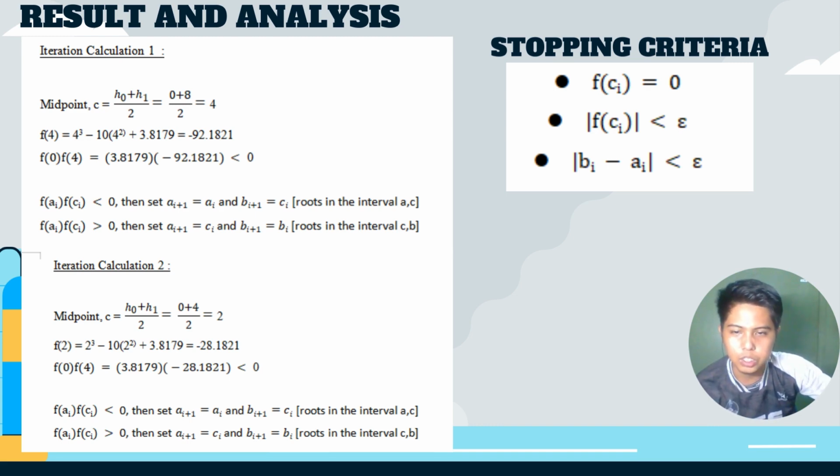So we need to proceed to the other iteration calculations until we get a value less than the epsilon number, which is 0.005. All of this calculation must fulfill the three stopping criteria, which are shown in this slide.